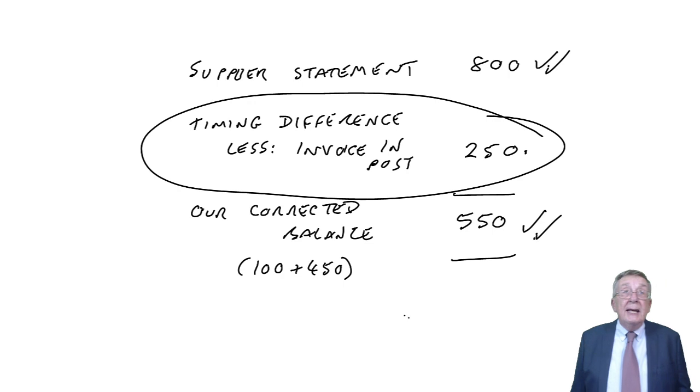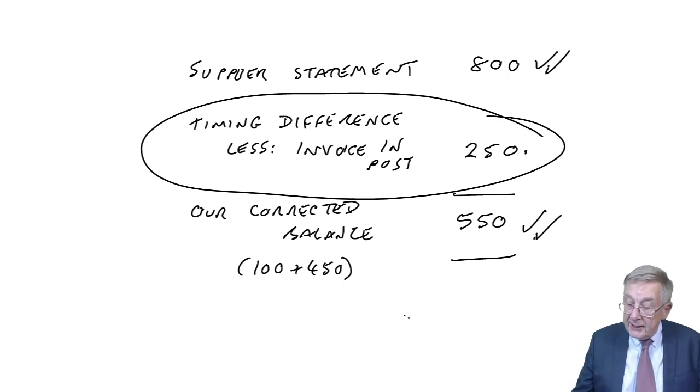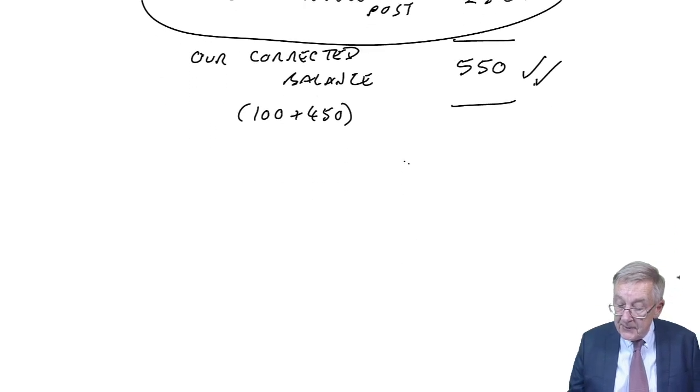Okay, now you will see in the same chapter, I've mentioned 3 specific items which rather fit in here, but aren't specifically to do with this reconciliation. But 3 special entries that can occur affecting suppliers.